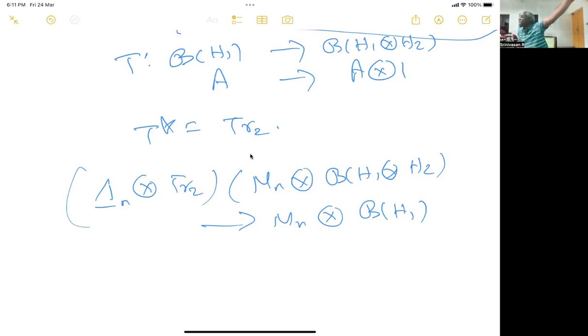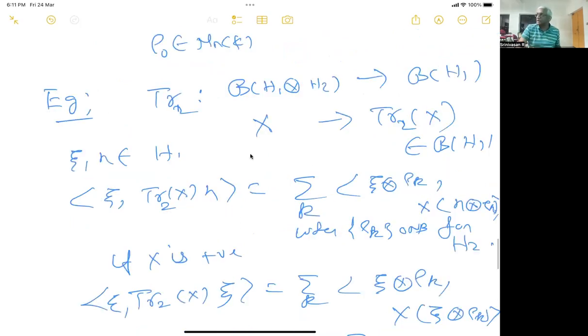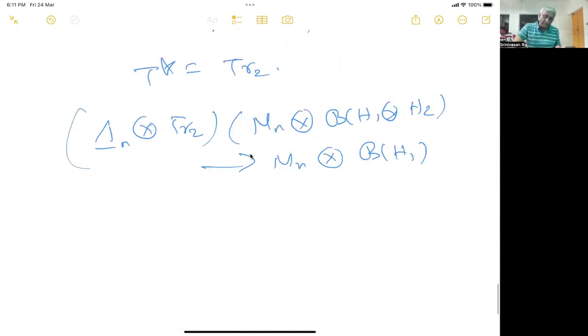So that's what we are doing. Trace 2 is positive, you have seen, using that expansion. Now I am saying one tensor trace 2 is also positive, to prove complete positivity. That is because one tensor trace 2 is something like this, which is actually a partial trace only. You are just tracing.